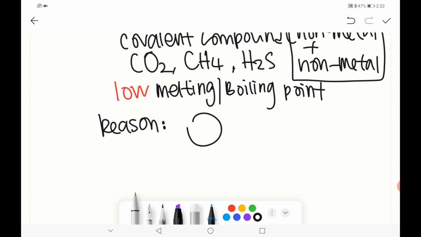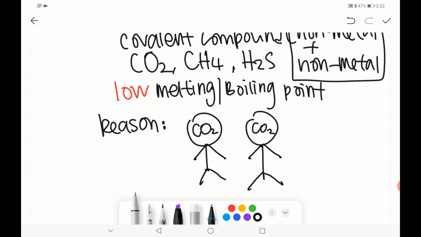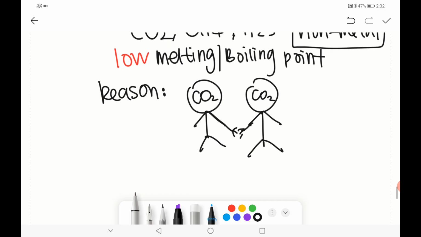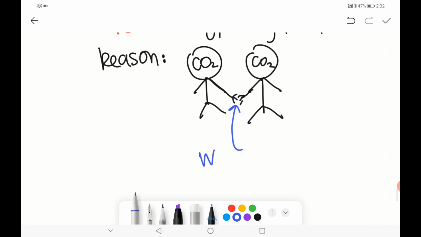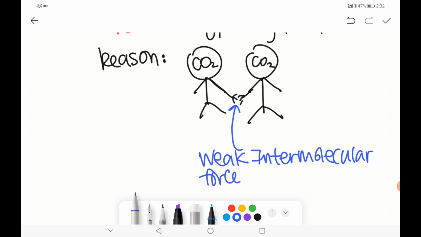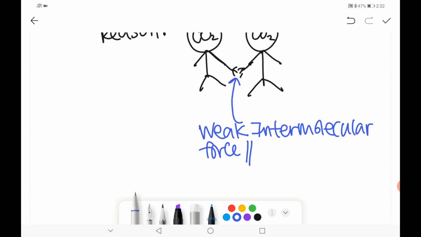So we learned before, when we have a covalent compound such as carbon dioxide, when we want to melt or boil carbon dioxide, we need to overcome the force. The force between the covalent compounds is a very weak force. This weak force we call weak intermolecular force. If you don't want to call it intermolecular force, you also can call it weak van der Waals force.